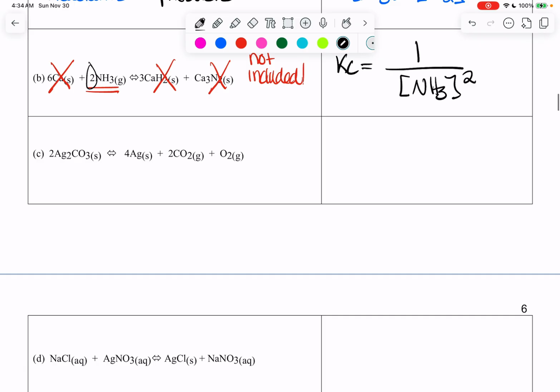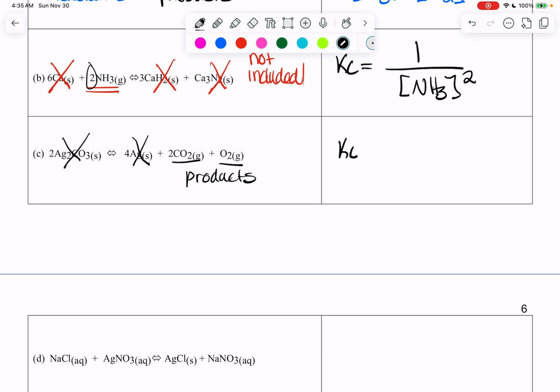Again, I'm going to look at the bottom question to see if I have anything I need to exclude. I have a solid, I exclude those, and now Kc becomes, in this case, I put all of my substances on top because they are all products.